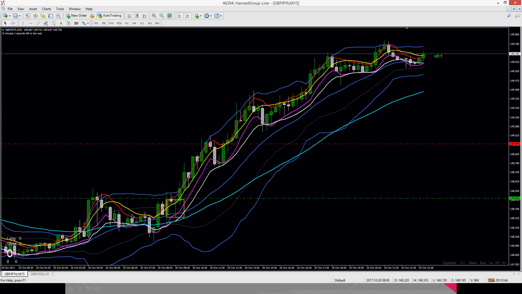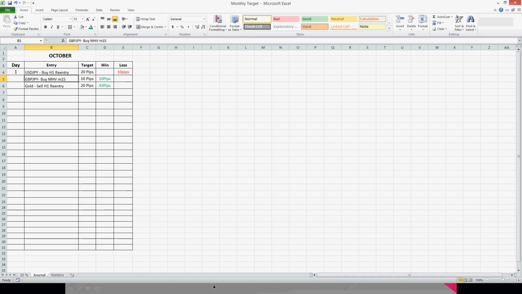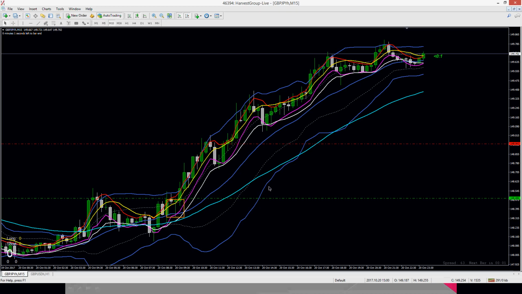Now you just leave it again while you're looking for another entry, let's say a buy entry on M15, and then you move on to another entry because you have already secured your profit on this one. Okay, so this is how you set yourself up to be able to achieve your daily targets.